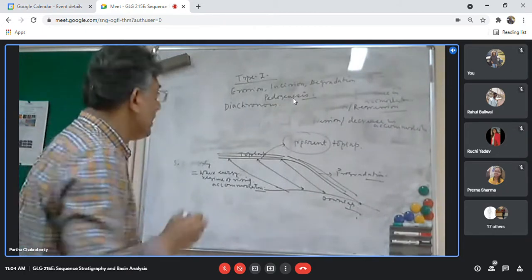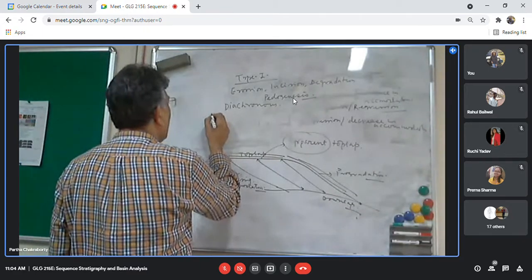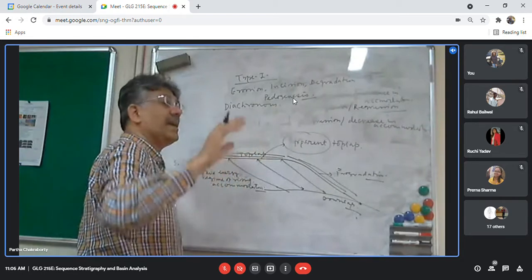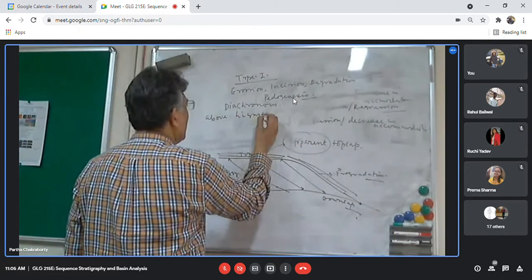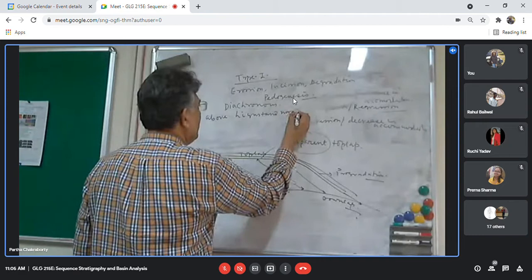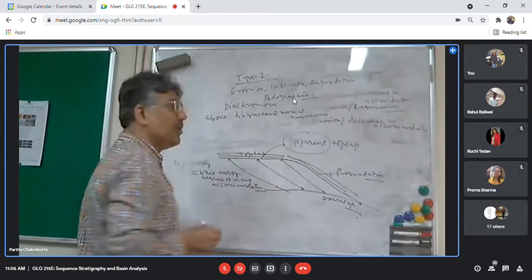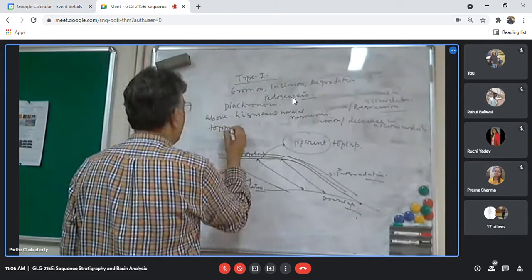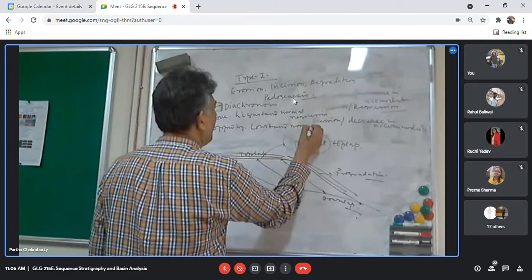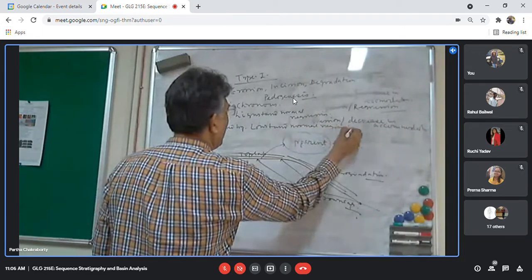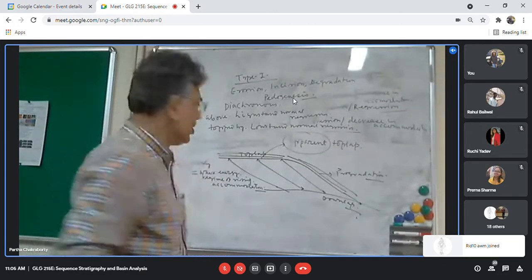And the subaerial unconformity forms above the highstand normal regression, and it will be topped by the lowstand normal regression. Am I clear?